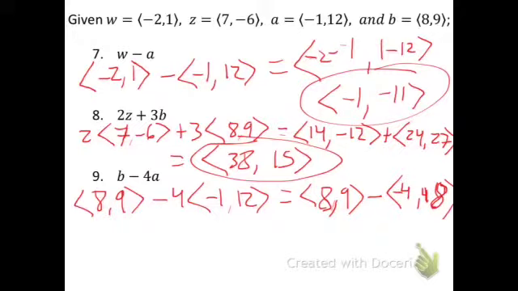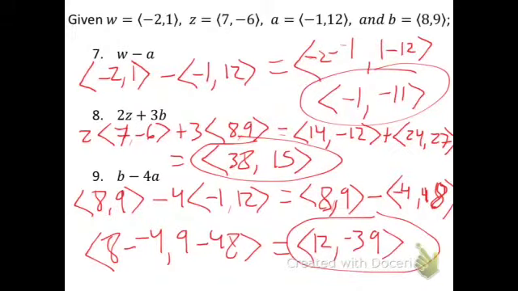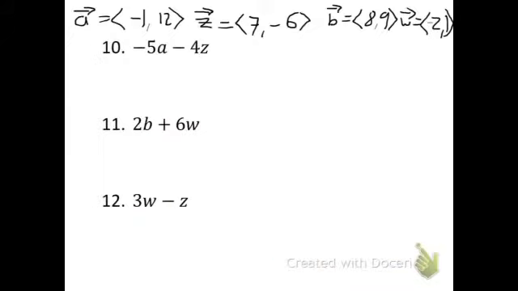And we need to do the subtraction here, so we're looking at 8 minus negative 4, 9 minus 48. That's going to give you 12. 9 minus 48 is negative 39. Man, that's kind of a big number there, but that gives you that first part there.